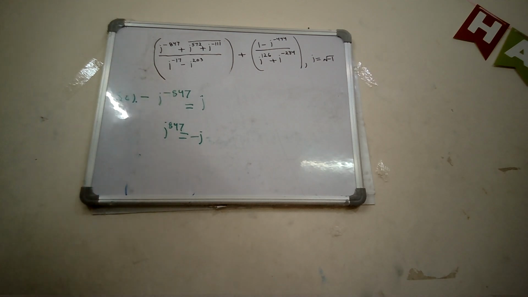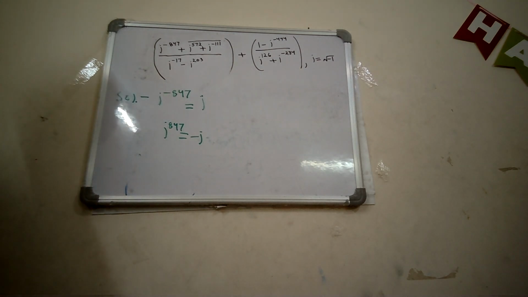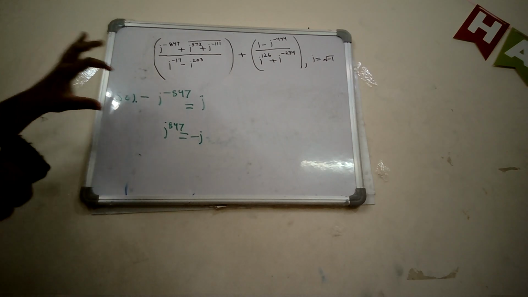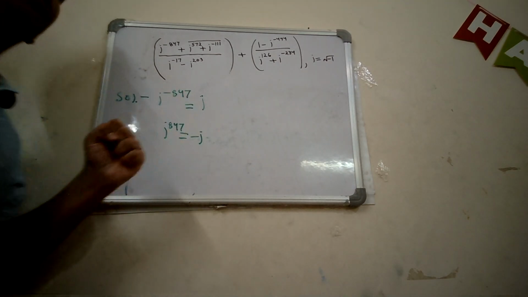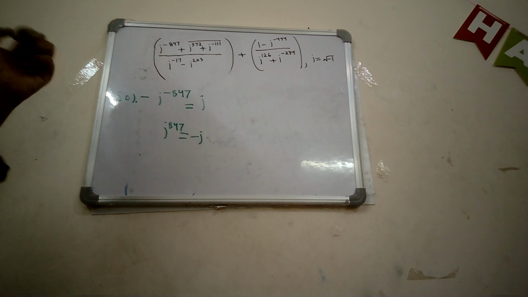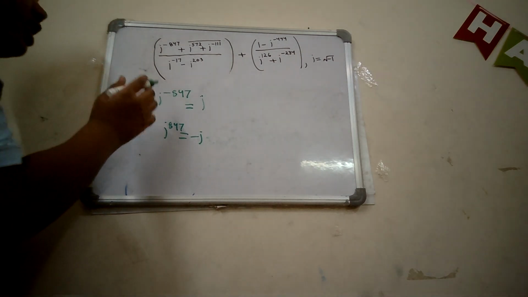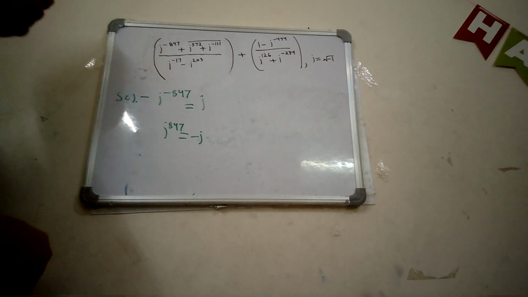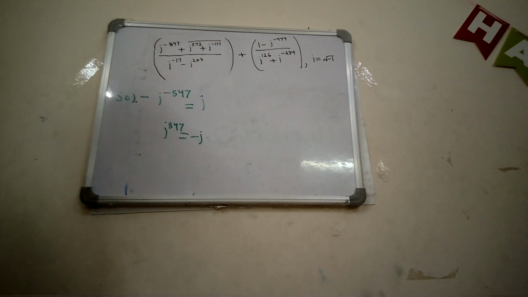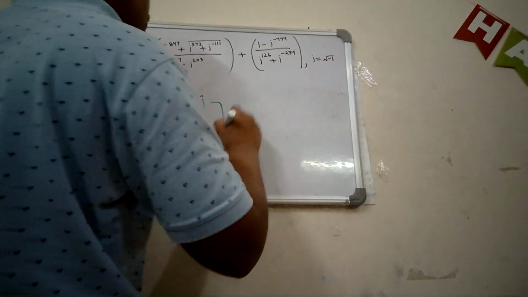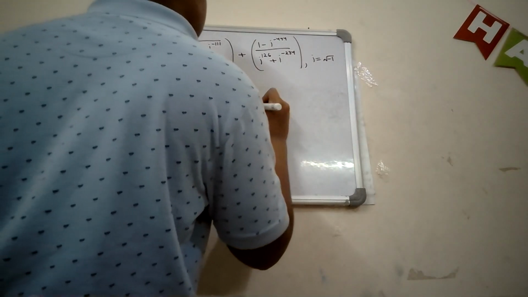So actually, the thing is, when we have an imaginary number raised to some power, if it's odd, if it's positive, and if it's the same power negative, the results will be imaginary conjugates. See, look. These are imaginary conjugates.